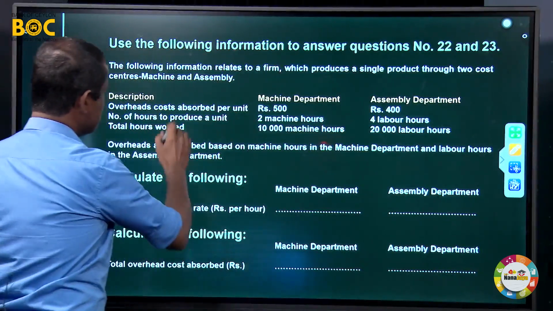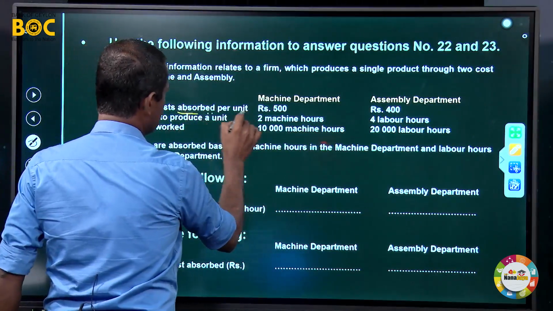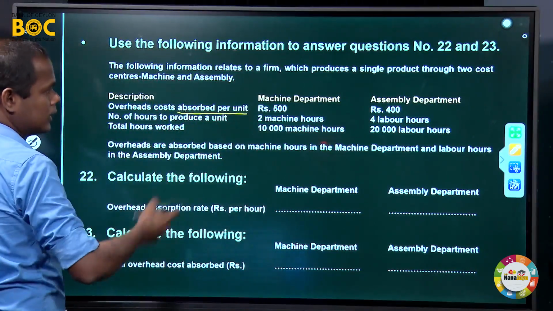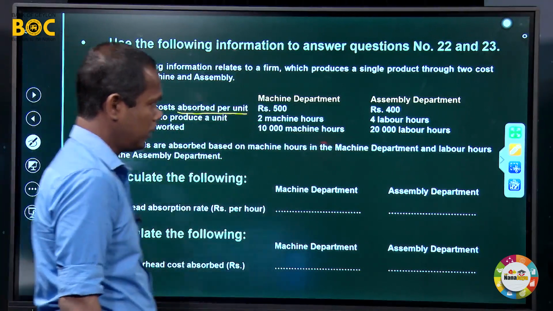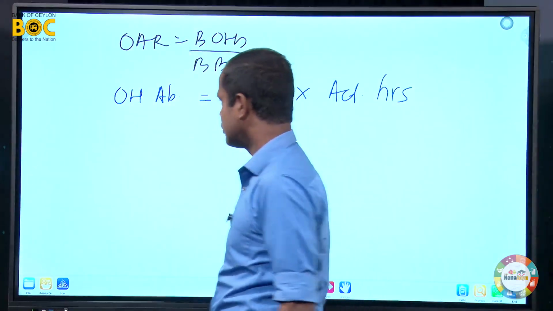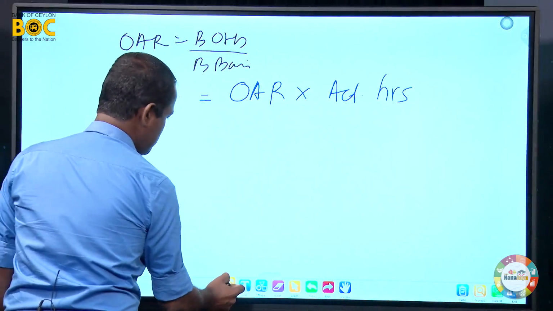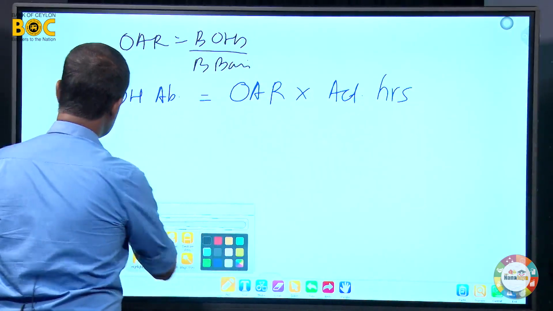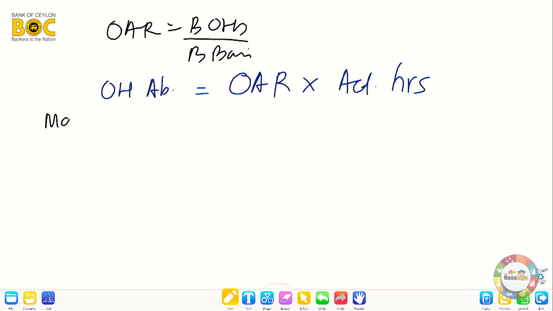Overhead cost absorbed per unit is given for the machine department and the assembly department. We'll calculate for the machine department first.